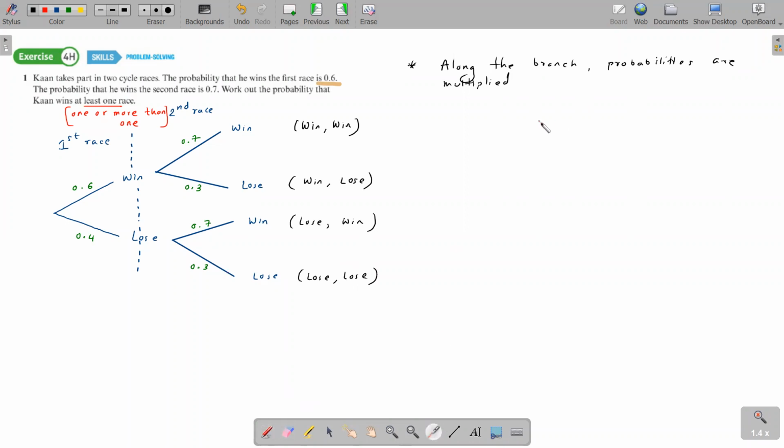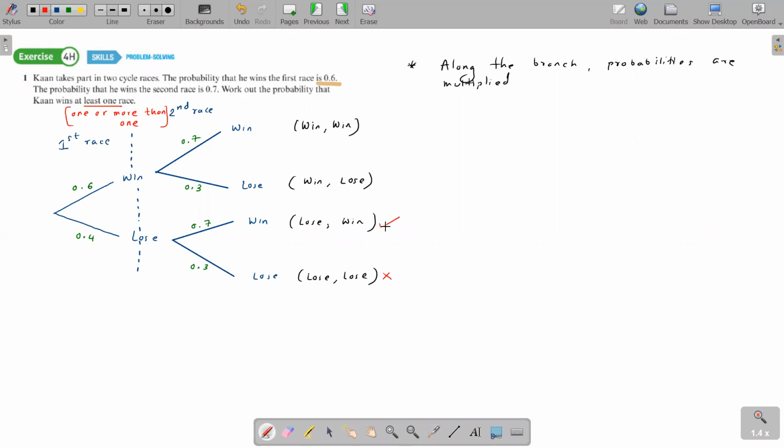Okay, so then what's the probability of winning at least one game? If you look at this branch, if you lose both, have you won at least one game? No, right? So this branch does not come into our question. In the branch lose-win, you have won one game.